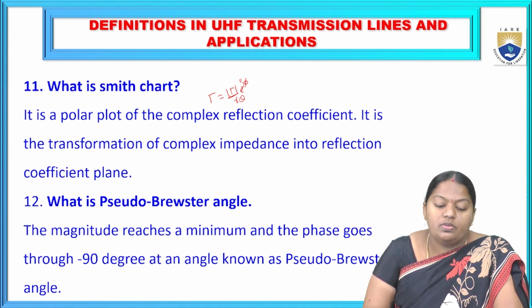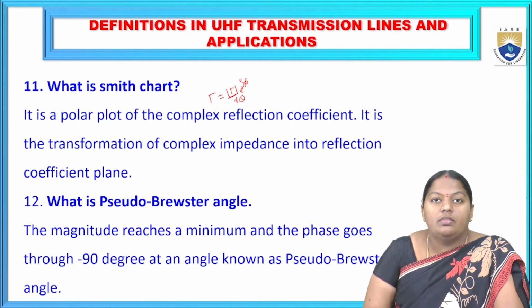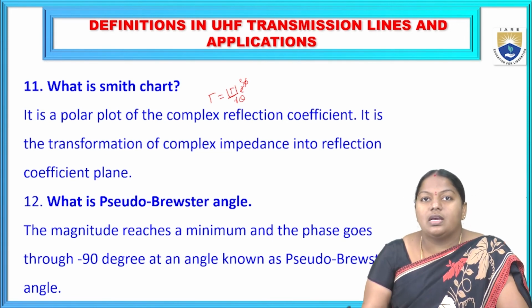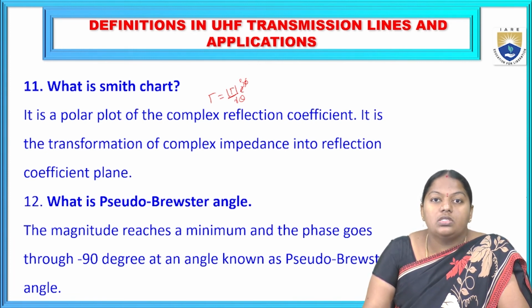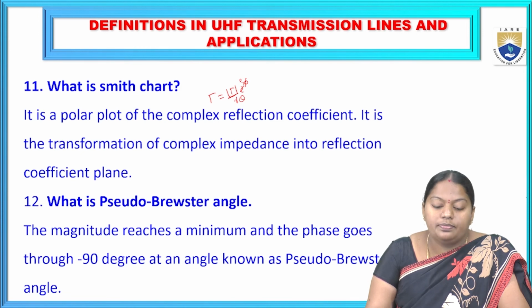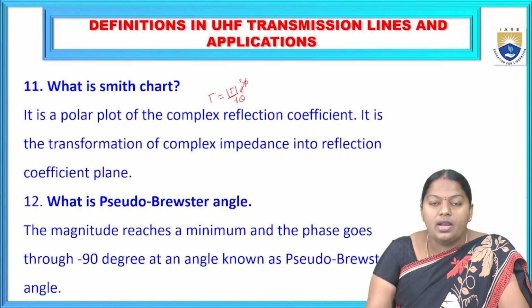To measure them, we use one graphical plot called the Smith chart, represented in polar form, meaning it has some magnitude and phase angles. To represent the magnitude we use constant resistance circles, and to draw the phase angles we use constant reactance circles. Combining constant resistance circles and constant reactance circles gives the Smith chart.